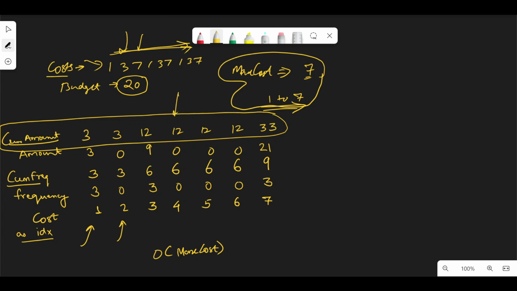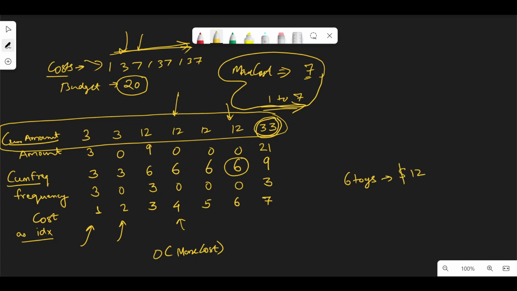So till cost 4, I spent just 12 rupees, and everything is good, right? So I go towards the right, I go towards the right. Finally, what I find is, except this last one, till this one, everything was good. I only spent 12 amount of money. And by this, if I look at the cumulative frequencies, I've already bought 6 toys for 12 rupees, right?